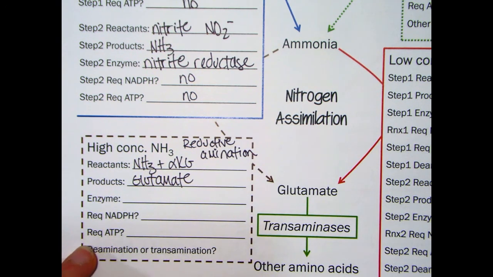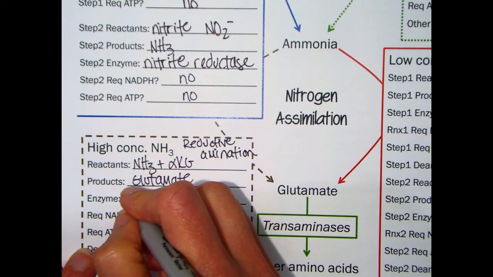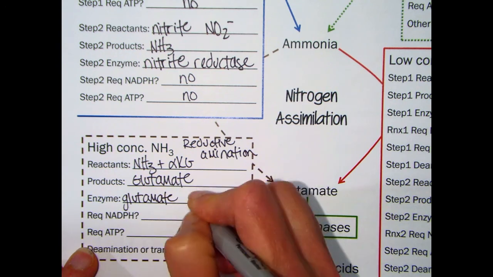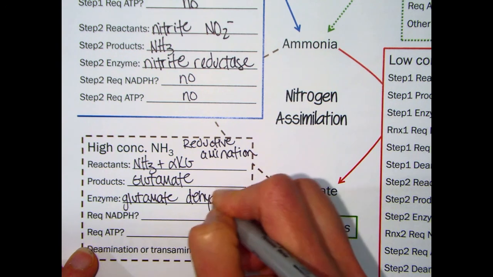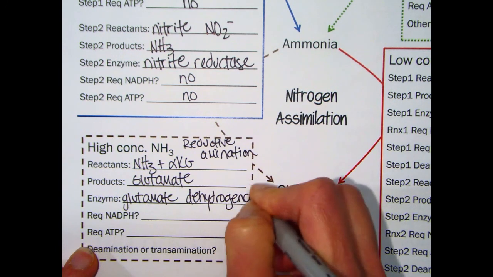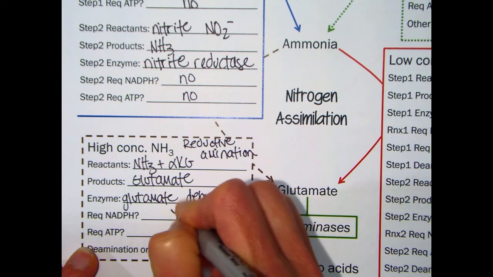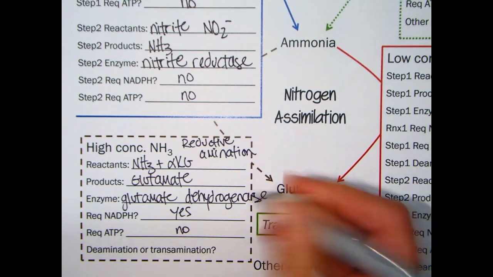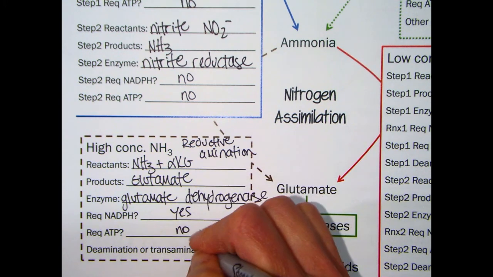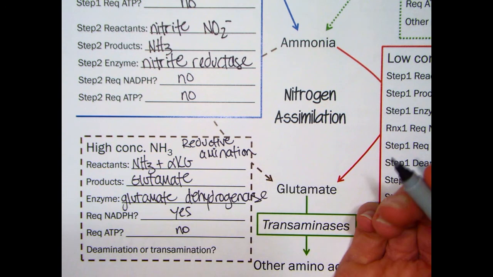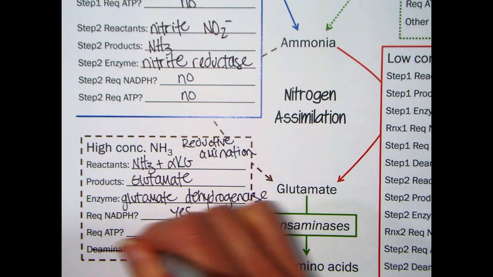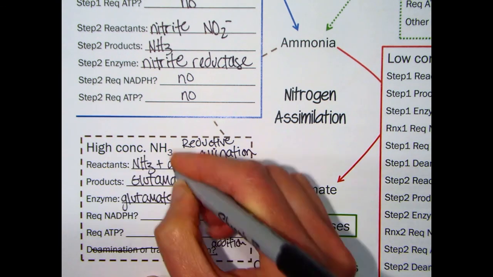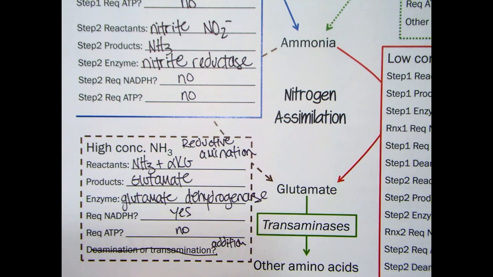The enzyme that does this is called glutamate dehydrogenase. It does use NADPH, does not use ATP, and this is not really a deamination or a transamination. It's mostly just an addition, because we are just adding the amine group right on there.